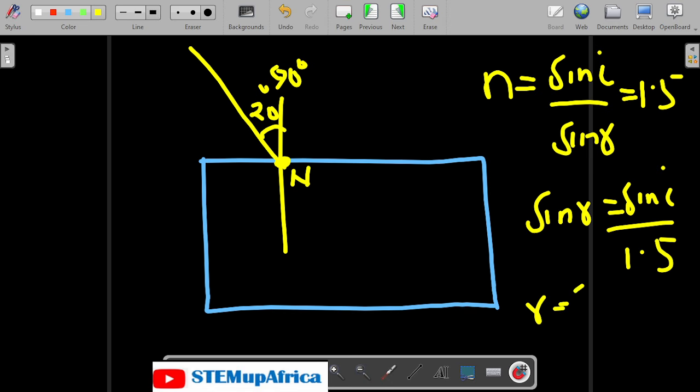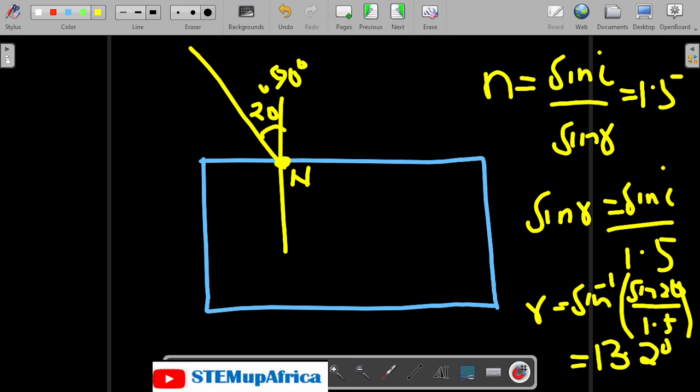So R will give us the sine inverse of sin 20 divided by 1.5. Let me try it out and see. So if you do that, your refracted angle will be 13.2 degrees.